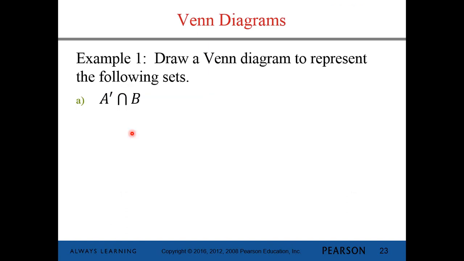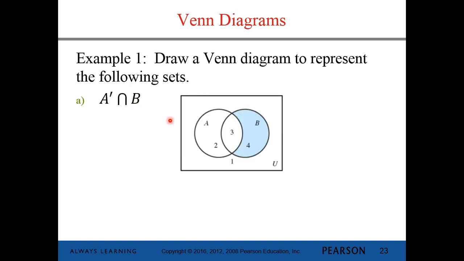Now in this example, we want to draw a Venn diagram that represents the following sets. We want to draw a Venn diagram, and then shade the region that represents all the elements that are not in A and in B. And that would be this one. So all the elements that are not in A, so outside this circle, and in B. Outside the circle would be all of this.